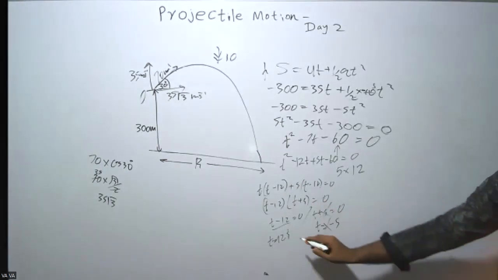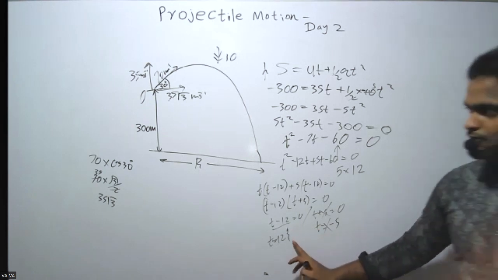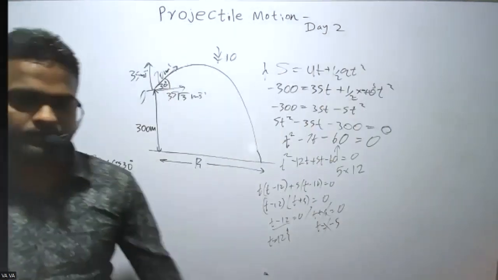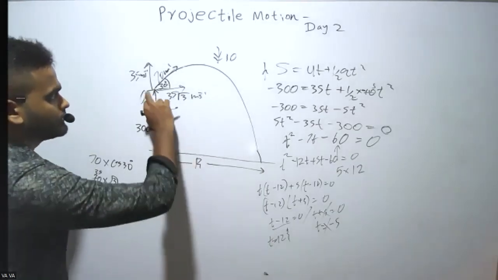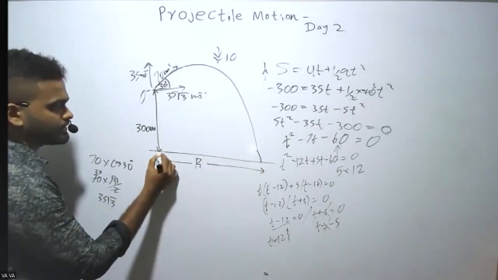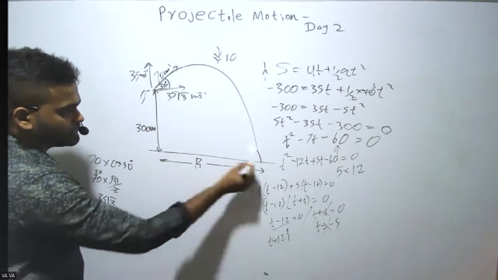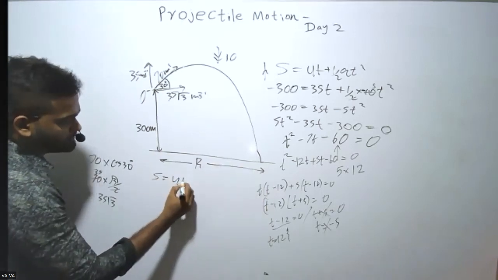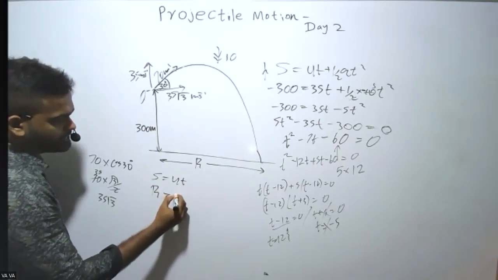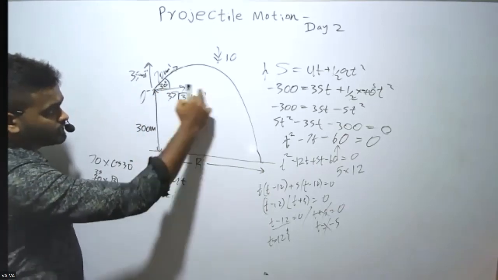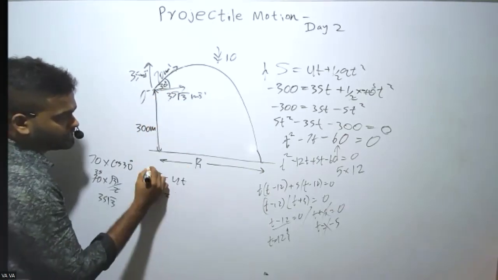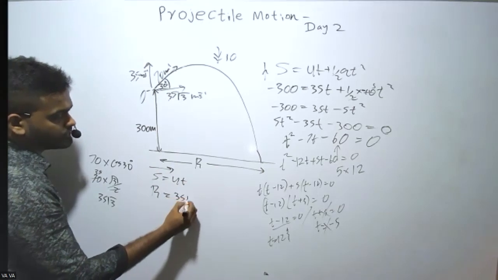Okay, 12 seconds. So once you know the flying time, you can find the horizontal range. If you know the time for the whole motion, you just have to apply the equation from here to here. S equals ut. Range equals horizontal velocity component, 35 root 3.